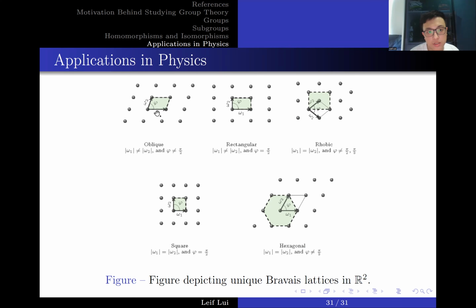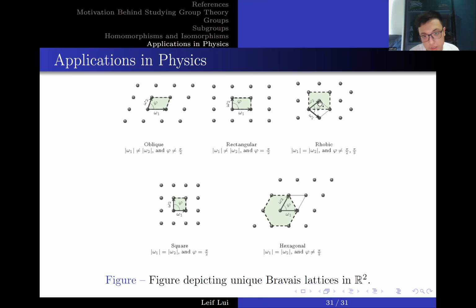So in this case, these two are the primitive vectors, and this is the angle between them. If the angle between these two primitive vectors is not pi over 2, then we get an oblique lattice. Here, these two primitive vectors are separated by phi, which is pi over 2. This is a rectangular lattice, and then we have a rhombic one.